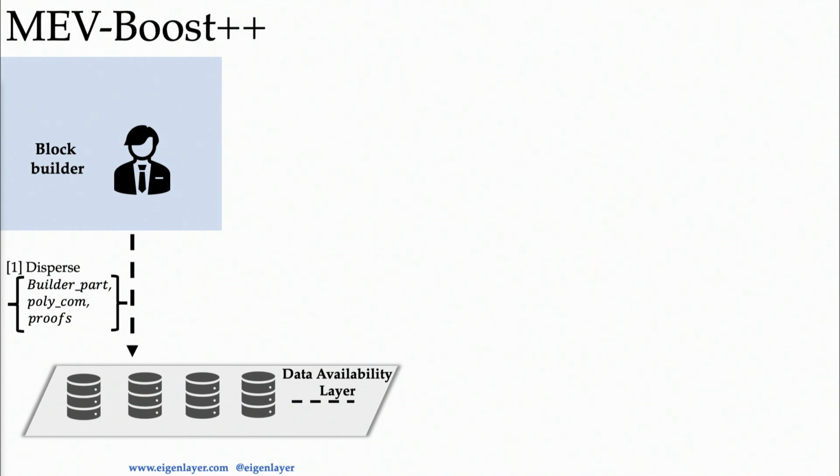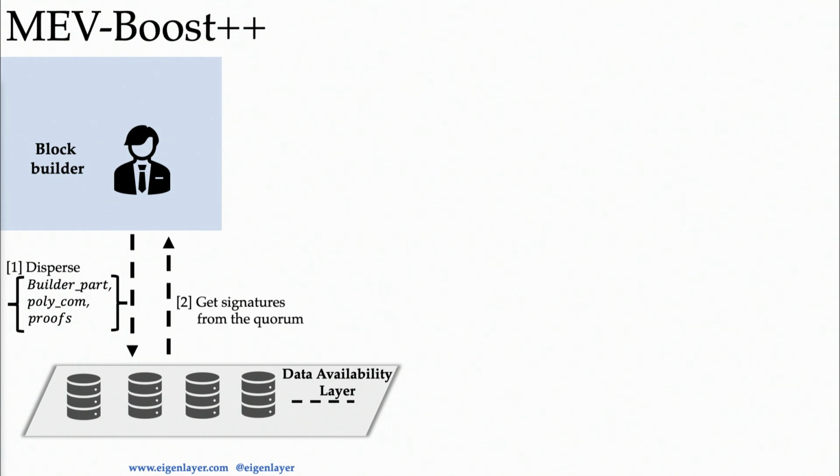So what the block builder does is it takes its block, creates some kind of secret shared version of this block, splits it up into many chunks, and encodes it in such a way that no one chunk exposes information about this block, and sends it to a decentralized escrow. There are many nodes. It sends one chunk to each of these nodes.